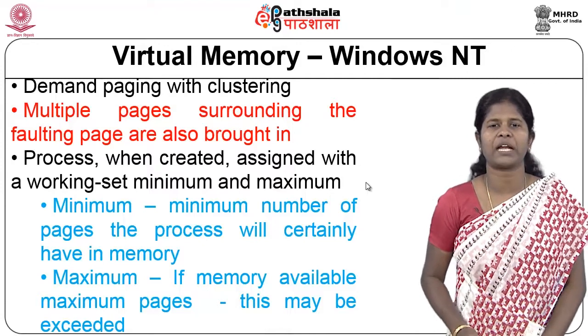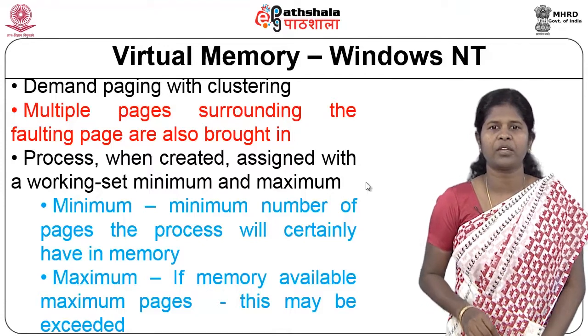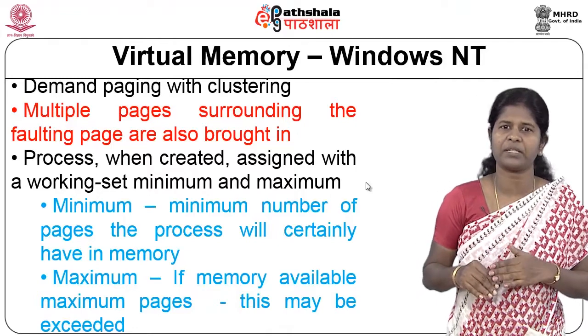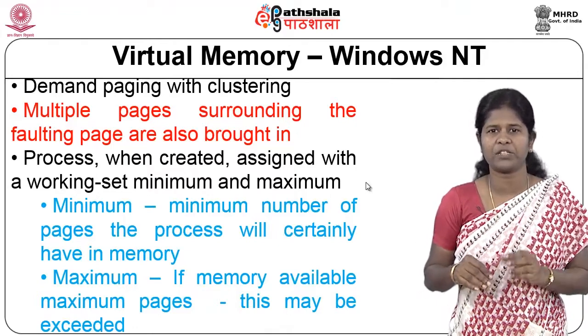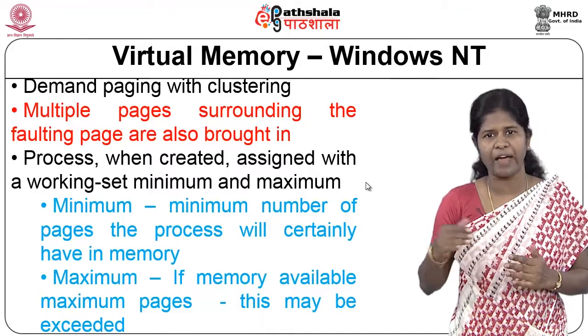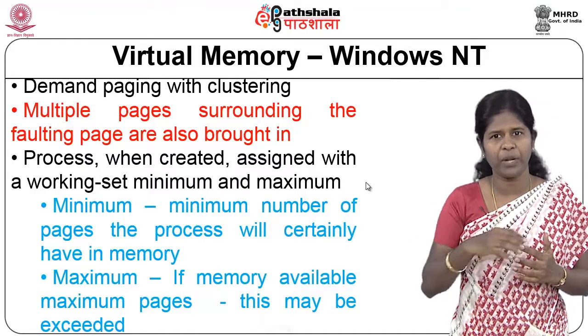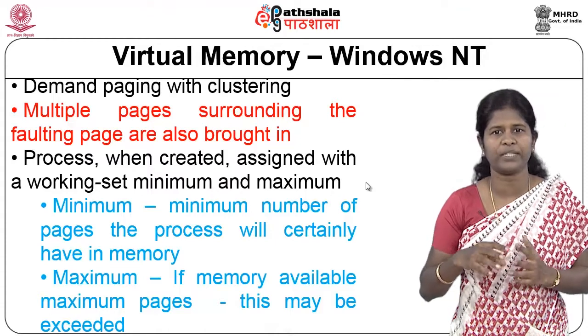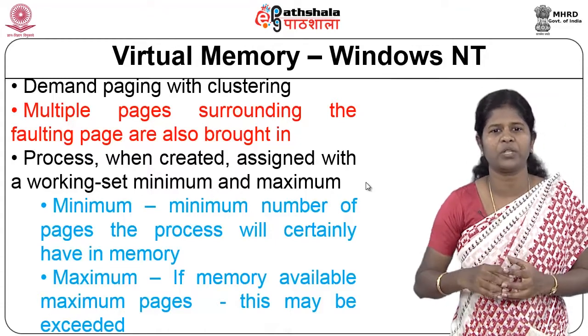But in clustering, you look at the pages before the page for which there was a fault, and also the pages after it, and bring that cluster of pages into the main memory.